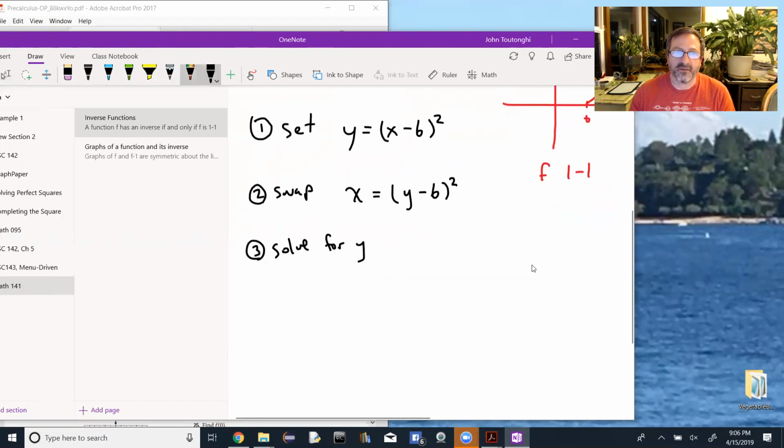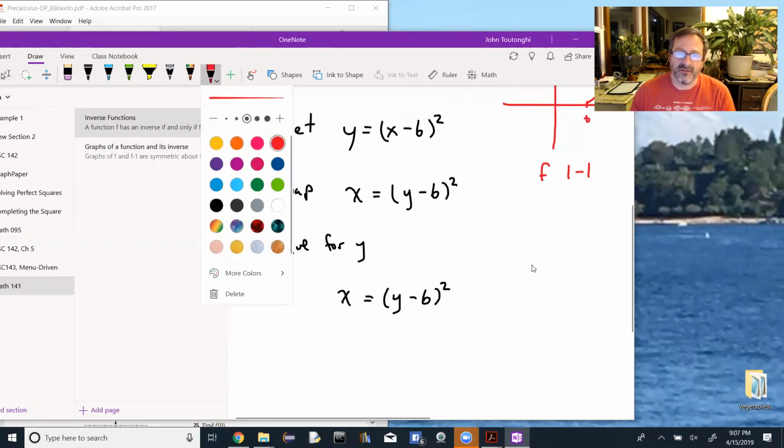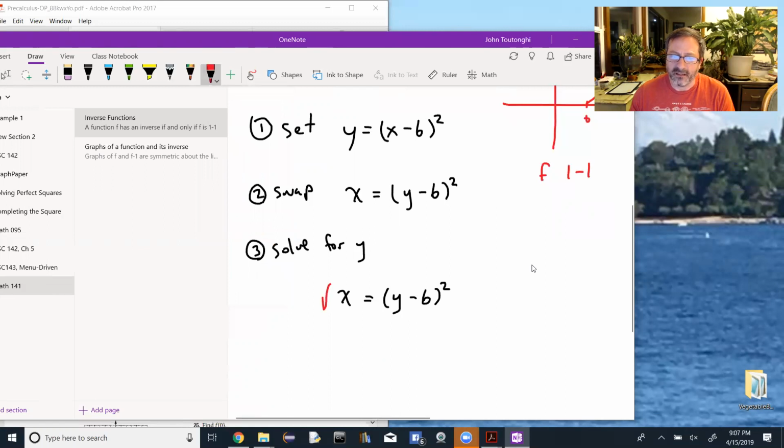So to solve that for y, I'm going to rewrite it here. We need to square root both sides. And when I do this, normally on the right side of this equation, I would get an absolute value. But we have this restriction up here that x is greater than or equal to 6. When we swap x and y, we get the restriction that y is greater than or equal to 6.